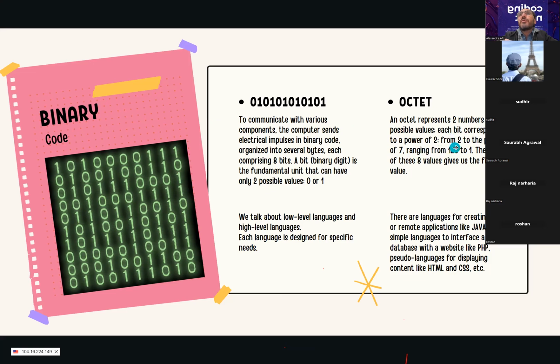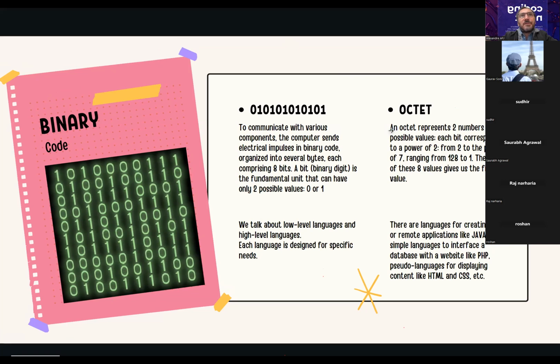Each bit corresponds to a power of 2, from 2 to the power of 7, ranging from 128 to 1. The sum of these 8 values gives us the final value. Okay. It is not mandatory to understand binary code perfectly, because the machine you use will do it automatically.